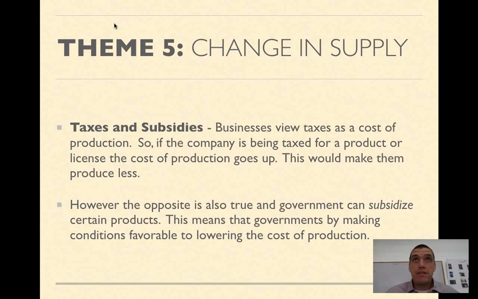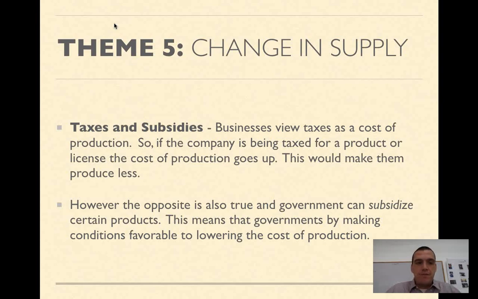Why? Probably because this town or city has given them some type of tax break. So, hey, you come and build your factory here and give us a place where people can get jobs. We'll barely tax you at all. A company would want to do this because the less they're taxed, the more they can produce and the more their cost of production goes down.